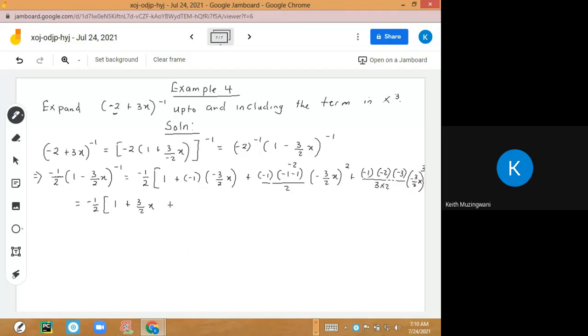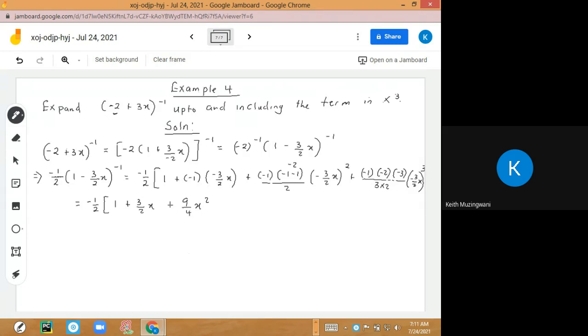So negative 1 by negative 2, you get 2 over 2, you get 1. So negative 3 squared, that is 9 over 2 squared, 4x squared. And then we have again negative 1 by negative 2 by negative 3, that is negative 6 over 3 by 2, which is 6, that is negative 1.